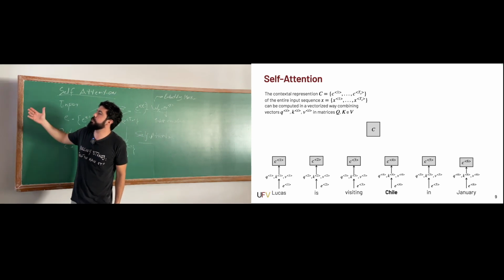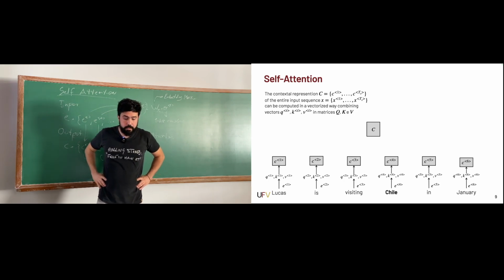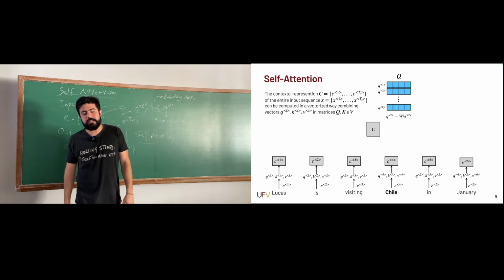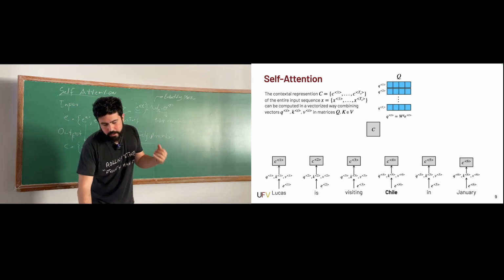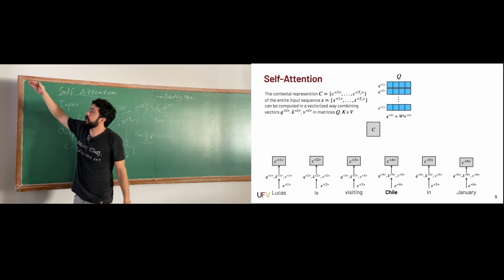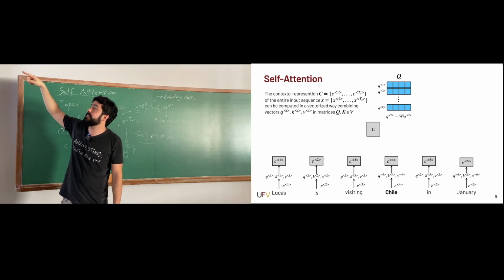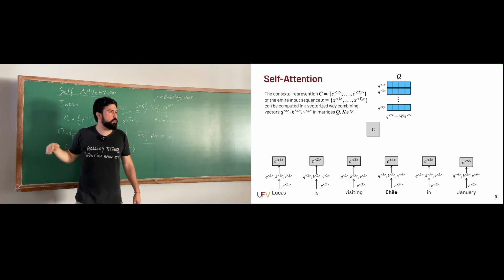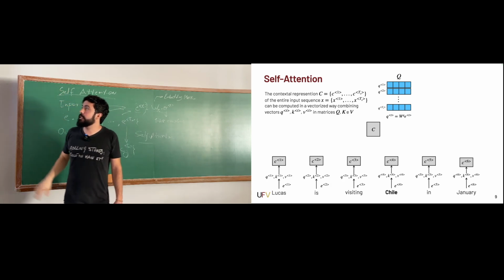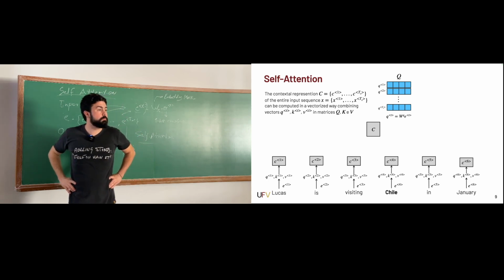So the way we compute this C representation in a vectorized way is by defining three matrices, Q, K, and V, but capital. So the Q matrix, for instance, has all the lowercase q's, or q^T's, in the rows. So q1 is the first row, q2 is the second row, and then q dx is the last row.